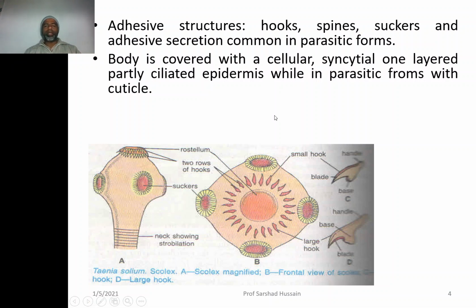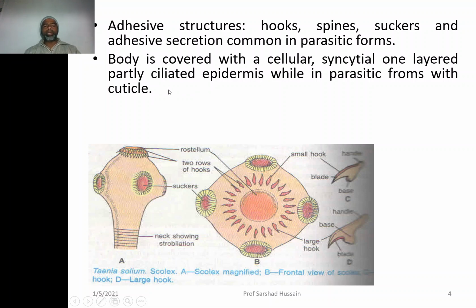If septa develop between them, the nuclei may look like separate cells, but if septa are not developed, it may look like one whole long cell with so many nuclei. So they have a syncytial, one-layered, partially ciliated epidermis, while in parasitic forms, with cuticle.